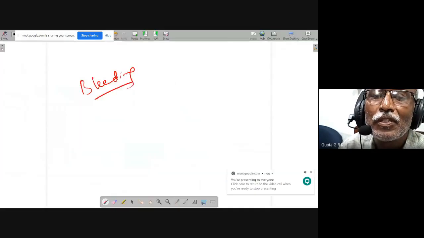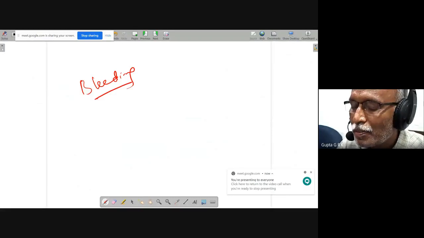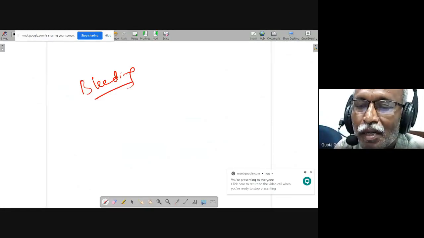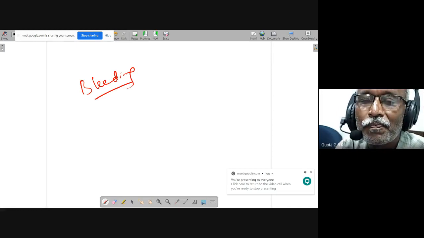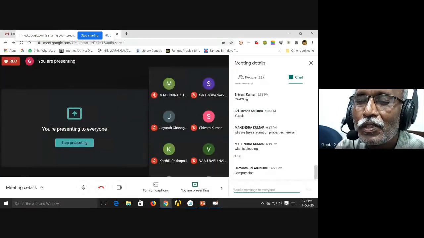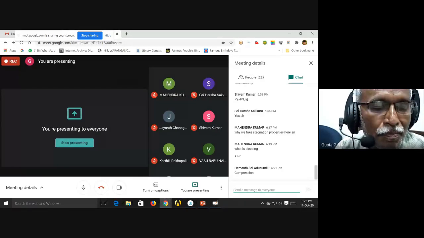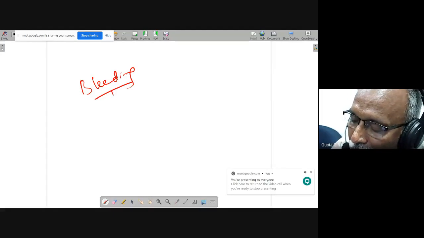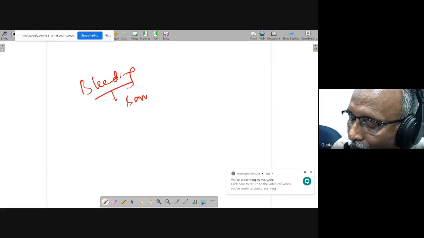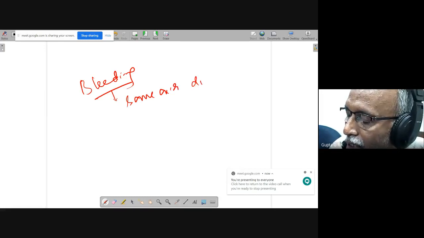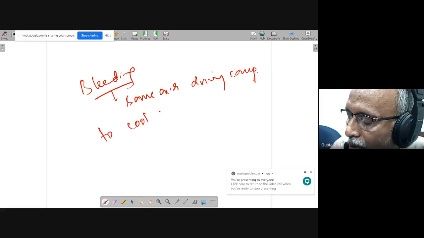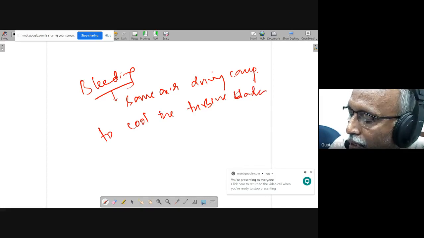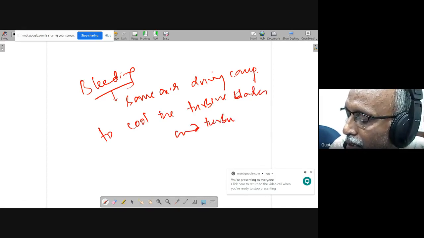In the problems, when you get bleeding, when does it happen? Do you remember? During compression, right? Okay. So here, what we do is we bleed some air during compression to cool the turbine blades and turbine disc.